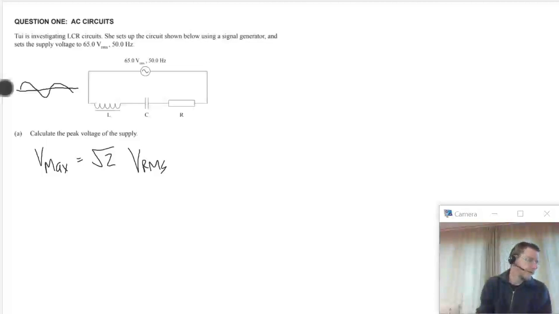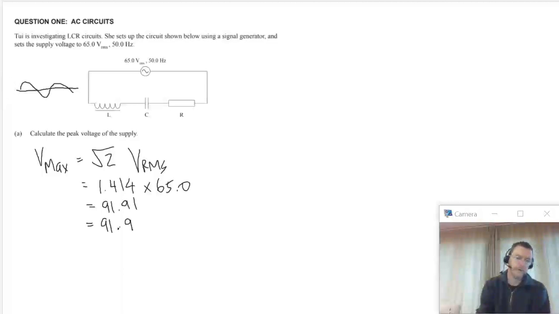Now, if we substitute and solve, 1.414 times 65.0 is 91.91 volts, or 91.9 volts to 3 significant figures. That is worth an achieved point for getting the correct answer.